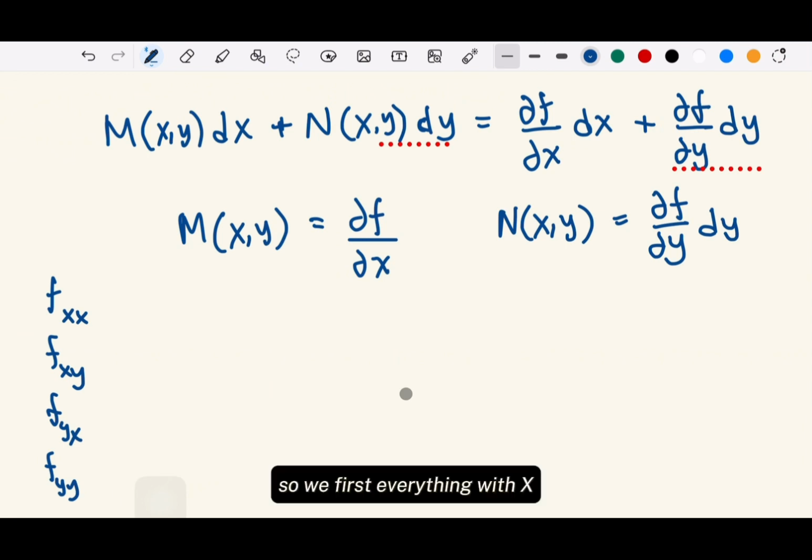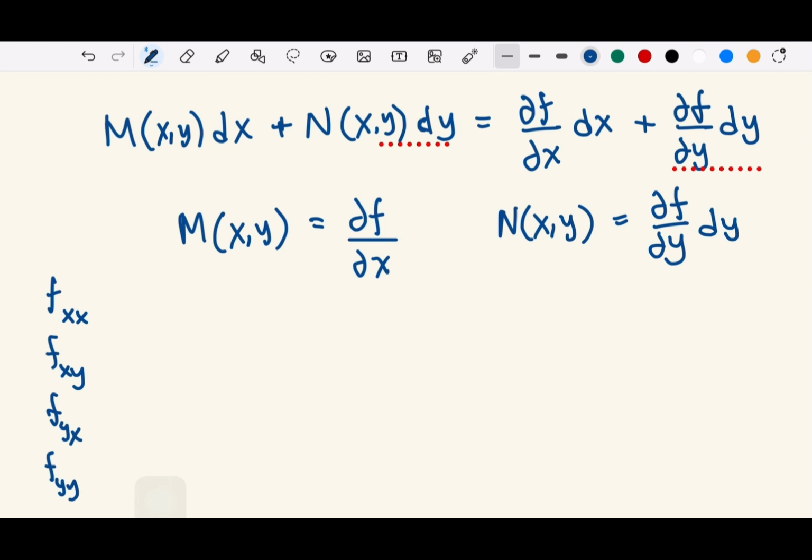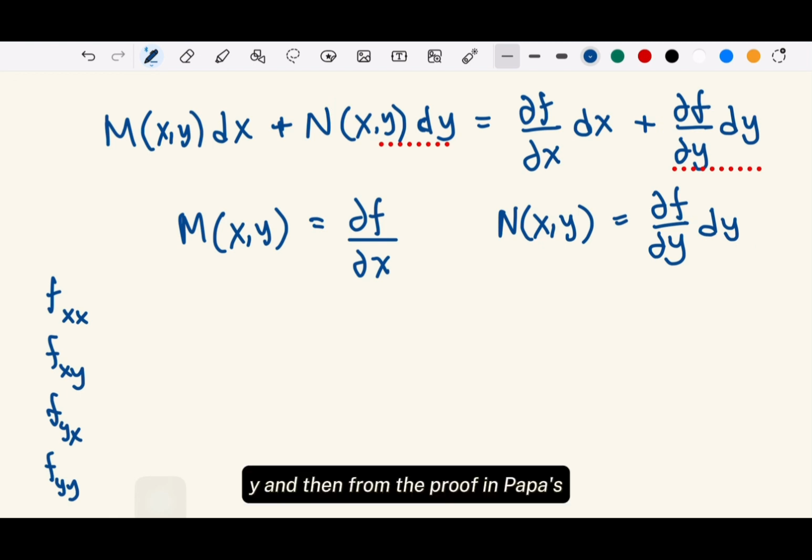The first one is derived with x, and then the second one also with x. The first one is x then y, then y then x, then y y. And from the proof in calculus 2, we know that fxy is equal to fyx. So if we derive this with y, it will equal this derived with x. Okay.